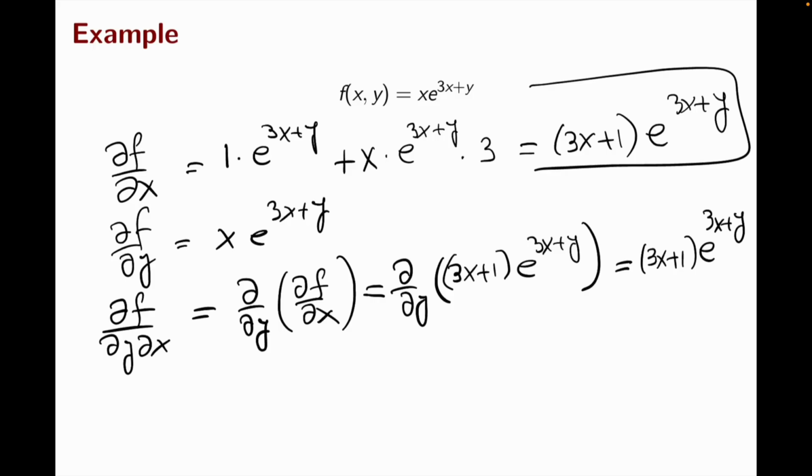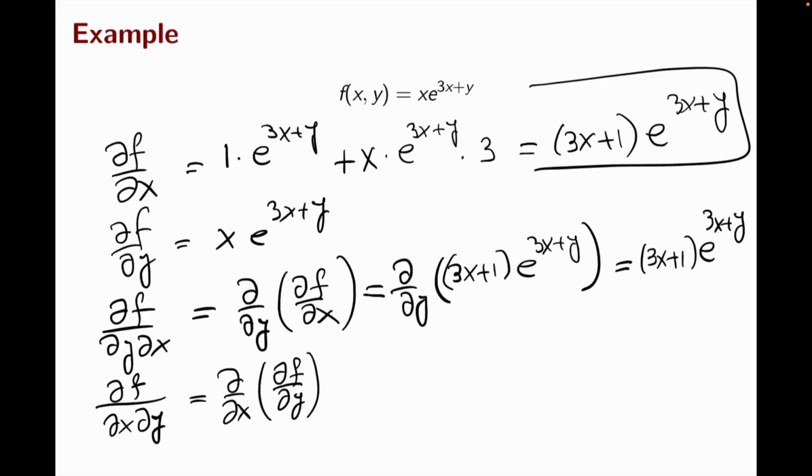Let's calculate the second derivative in the other order, the derivative of f with respect to x with respect to y. This is going to be the derivative with respect to x of the derivative with respect to y. So the derivative with respect to y is this one, and we write x e to the 3x plus y. We are doing the derivative with respect to x, so this is going to be a product derivative here, right?